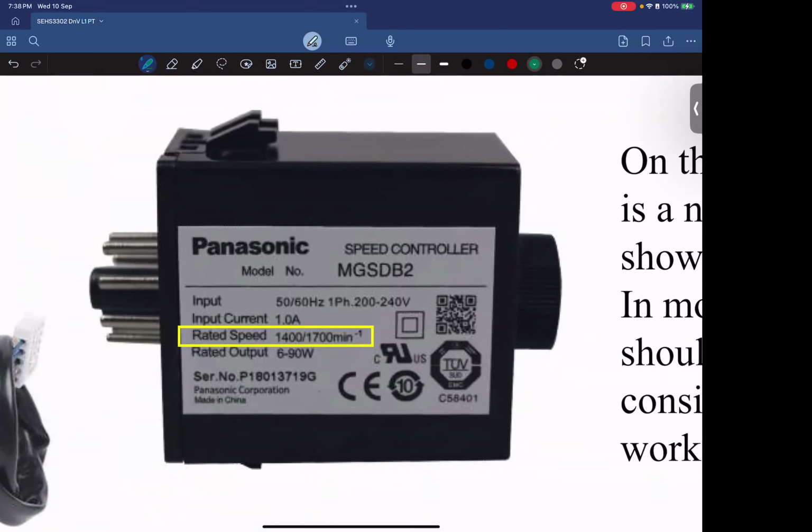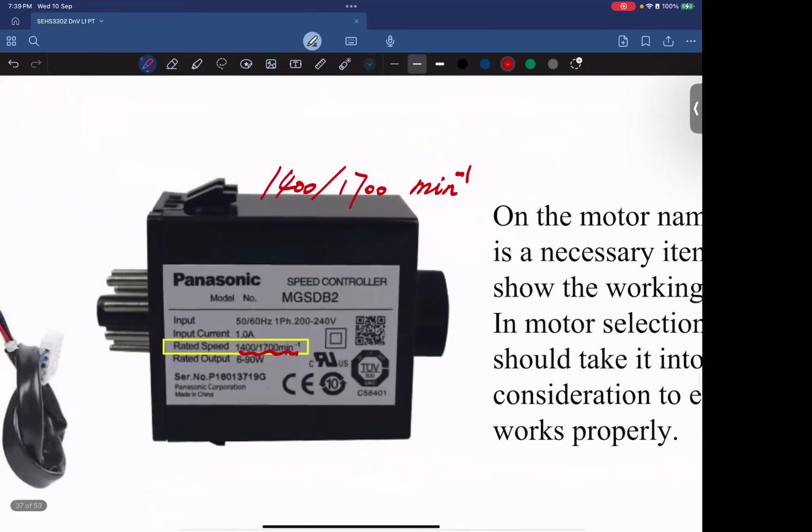Here the speed is given by minute to the -1, 1400 to 1700 minute to the -1, which means revolutions per minute.